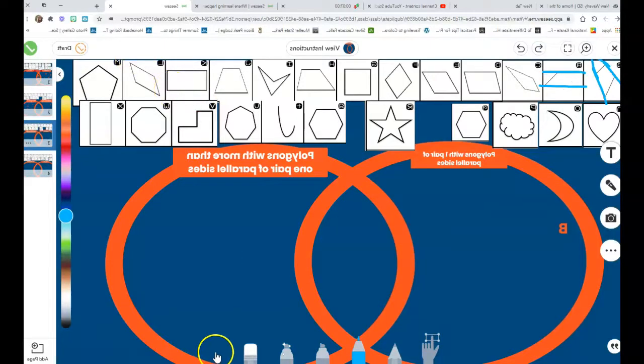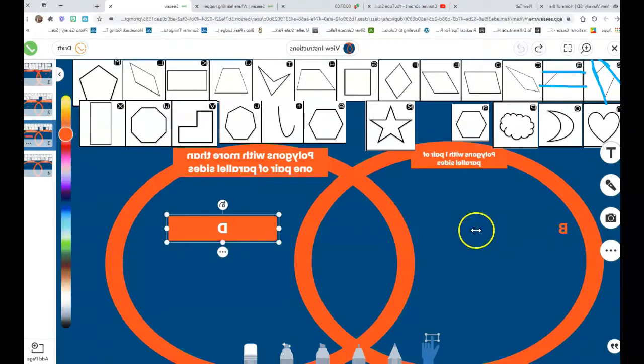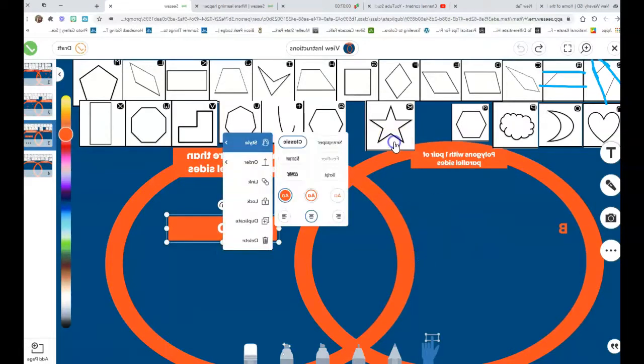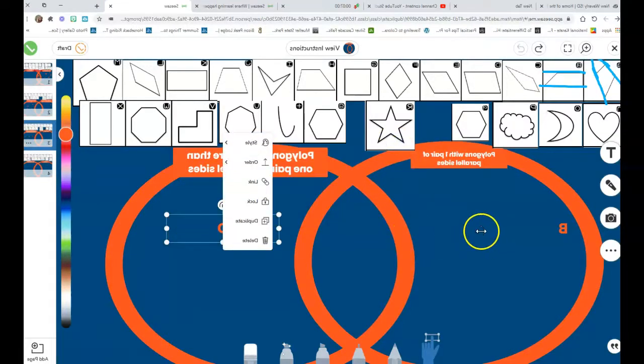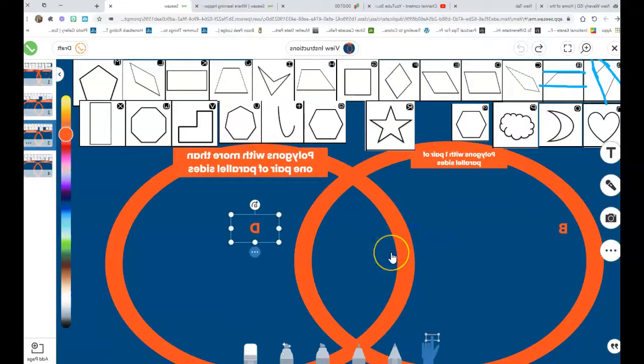Going on to D. Do we see parallel sides? Yes. So is it one pair or more than one pair? More than one. Good. The top and the bottom are parallel, and the left and the right are parallel. So D. What about E? Kaylee says more than one pair.